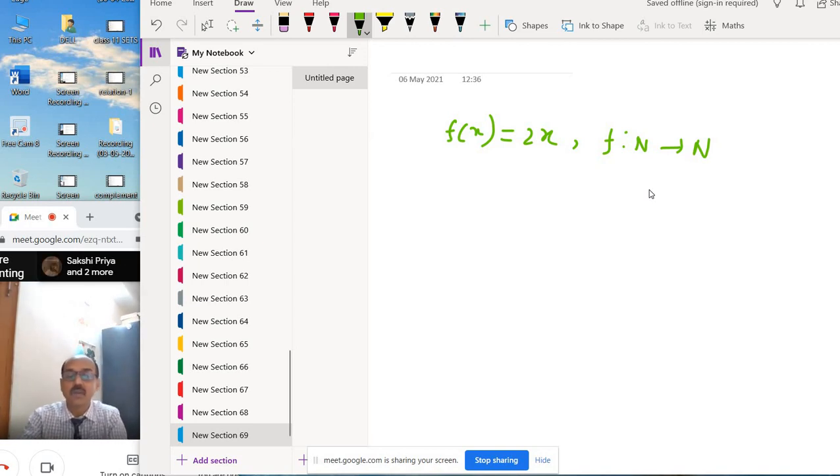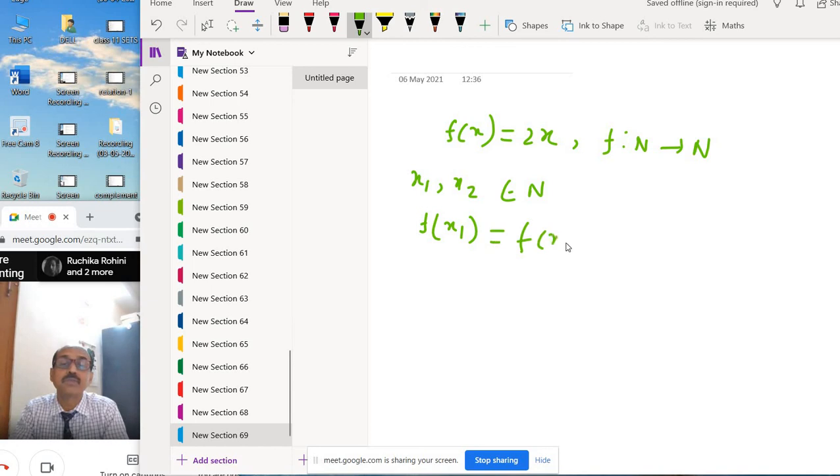From the definition of one-one, take two elements x1, x2 belonging to N. Now f(x1) equals f(x2), the condition of one-one. f(x1) is 2x1, f(x2) is 2x2.